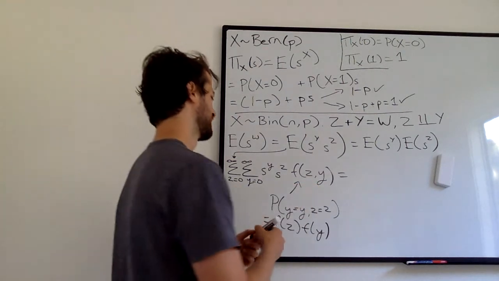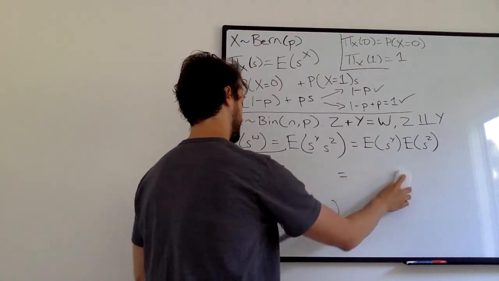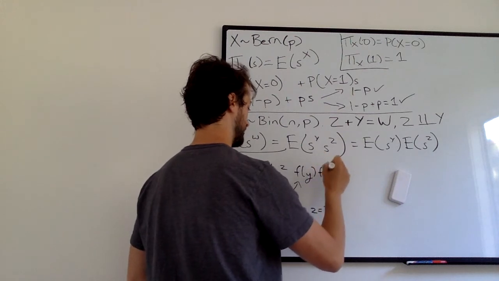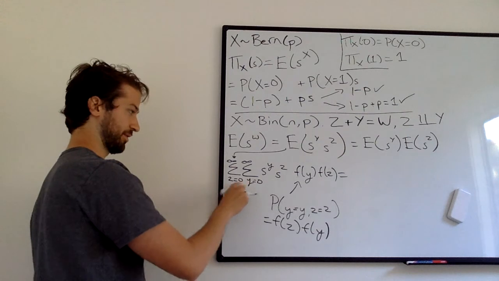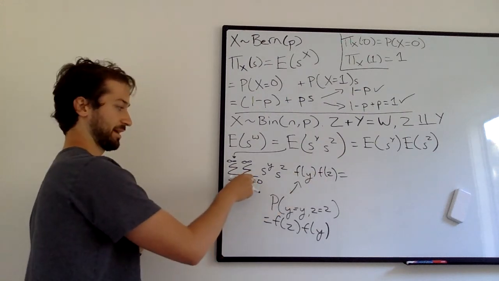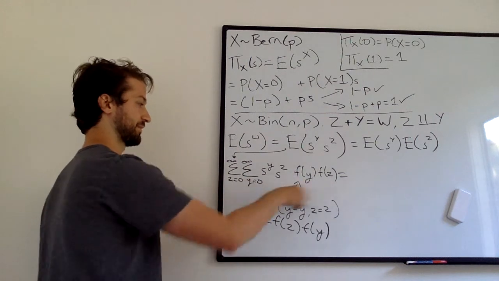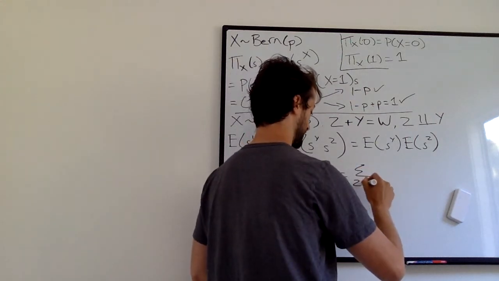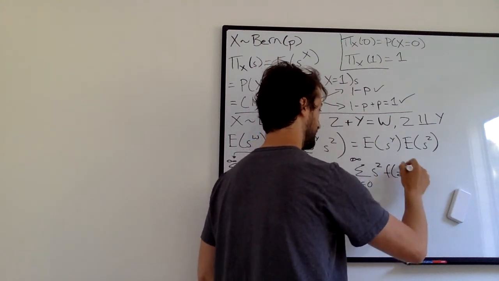So we can just rewrite this as f of y, f of z, and now we can rearrange, right? We can take our z term out of this sum because we're summing with respect to y. We can take out the f of z and the s to the z, and we get this: the sum over z equals 0 of s to the z, f of z.